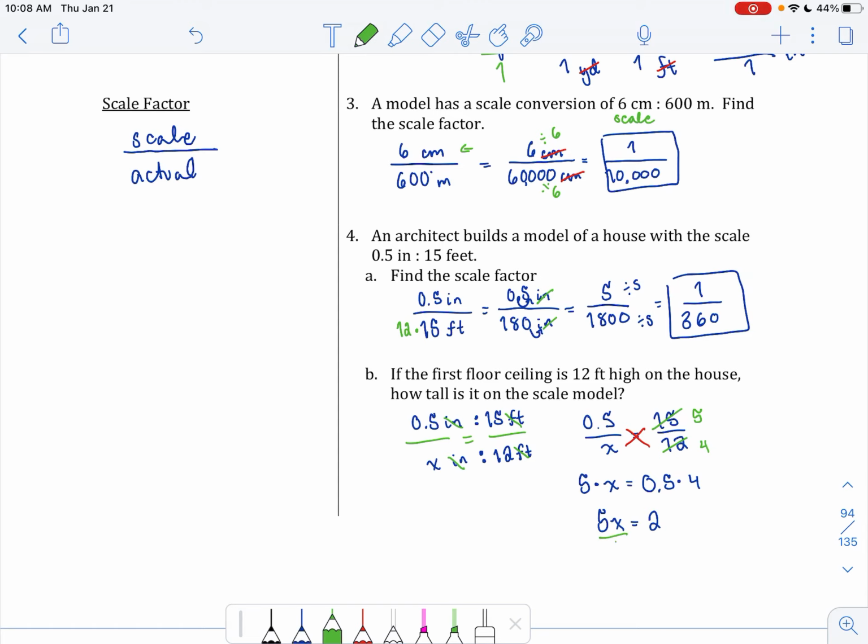Meaning 5x is equal to 2. Divide both by 5. And the height in the model, which is x, we could write as 2/5 of an inch, or if you wanted to express it as a decimal, 0.4 inches.